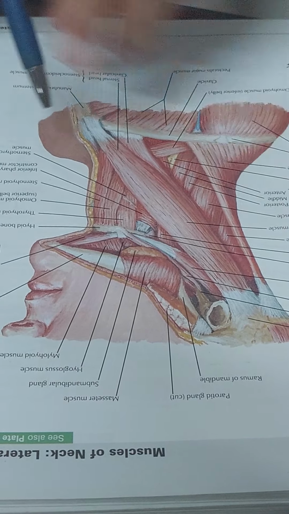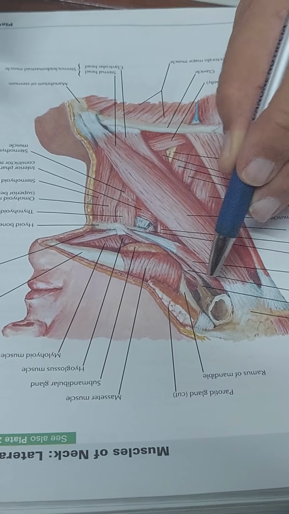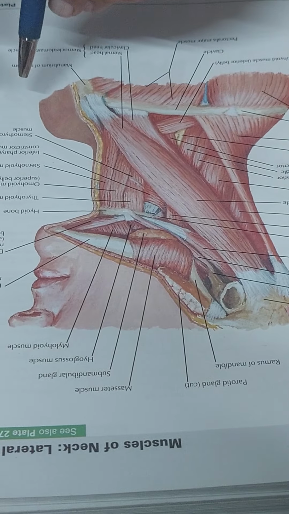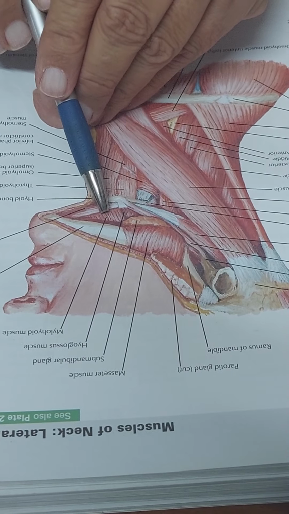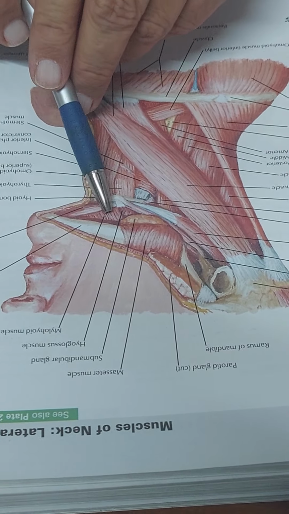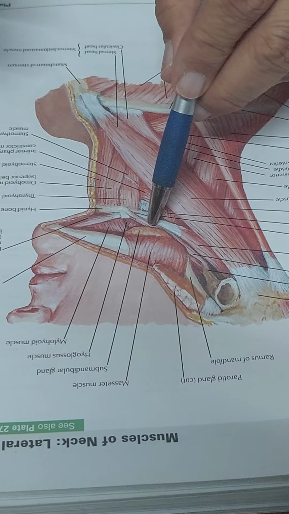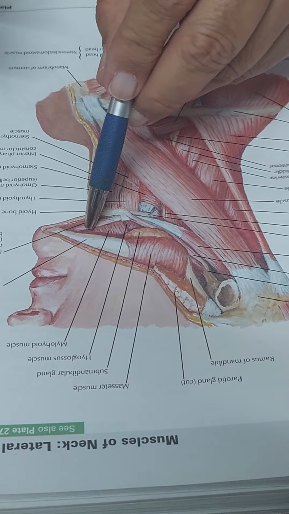Along with it, you can see this small muscle which is called stylohyoid, that is hyoid bone and styloid process. And then you can see this flat muscle which is forming the floor of the mouth, that is mylohyoid muscle. And then deep to that lies the geniohyoid. These are the suprahyoid muscles, that is mylohyoid, geniohyoid, stylohyoid, and the digastric muscle.